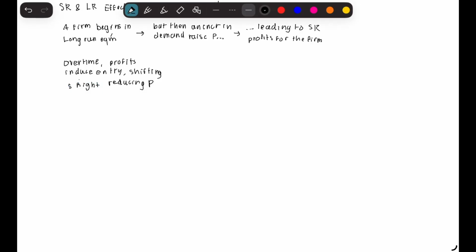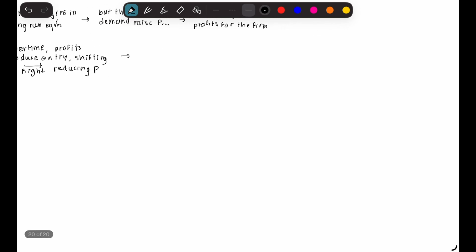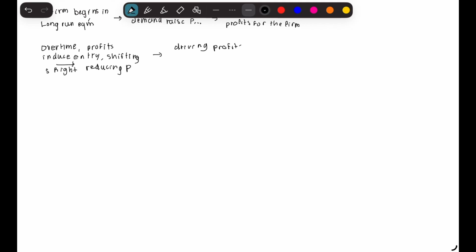If it's not intuitive to you immediately, the best thing you can do is just draw it out, because that always helps, and you can visually see that. This drives profits to zero and restores long run equilibrium.